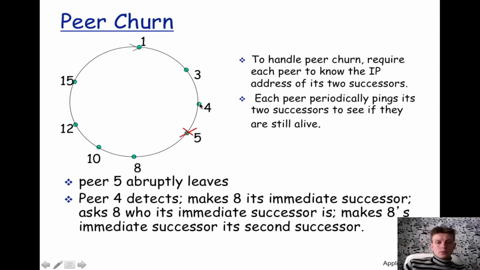Peer number 4 will make peer number 8 its immediate successor and will keep the identifier of peer number 10 as the two-hop successor. In this way, the topology is restored.